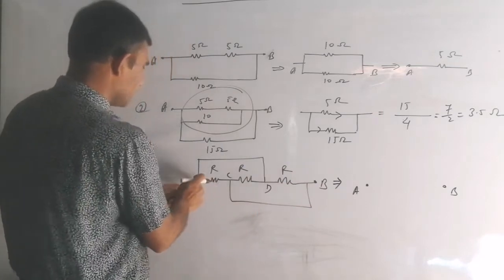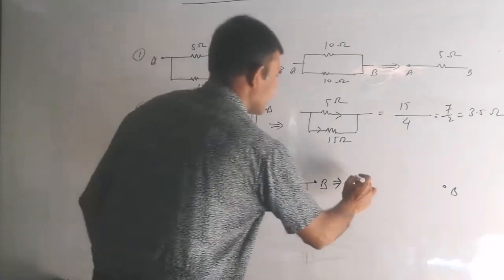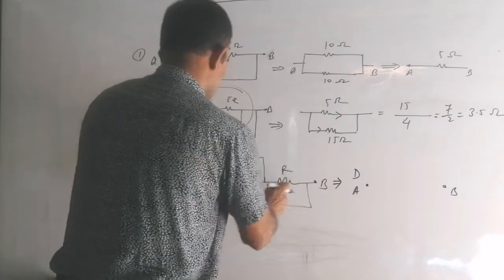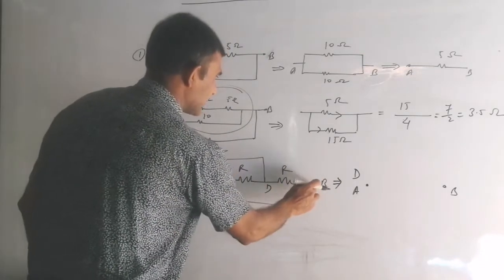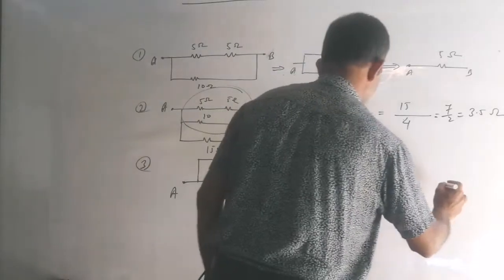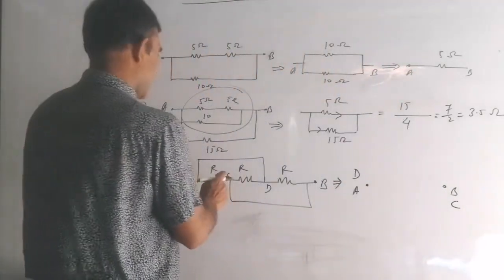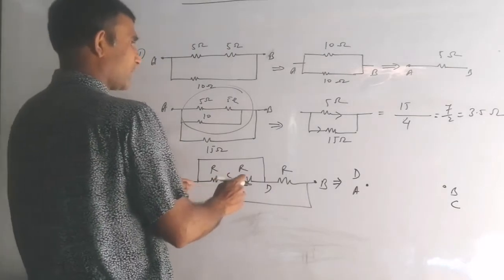Now see this, along with A, D is also connected, so D is also here, and B and C are together connected. This wire connects B and C. Now let me see between A and B what resistance is there.